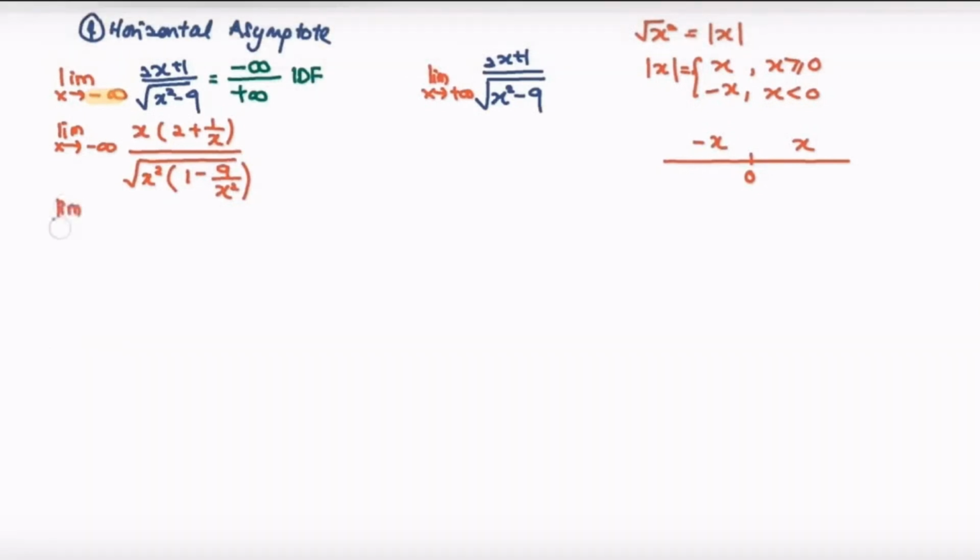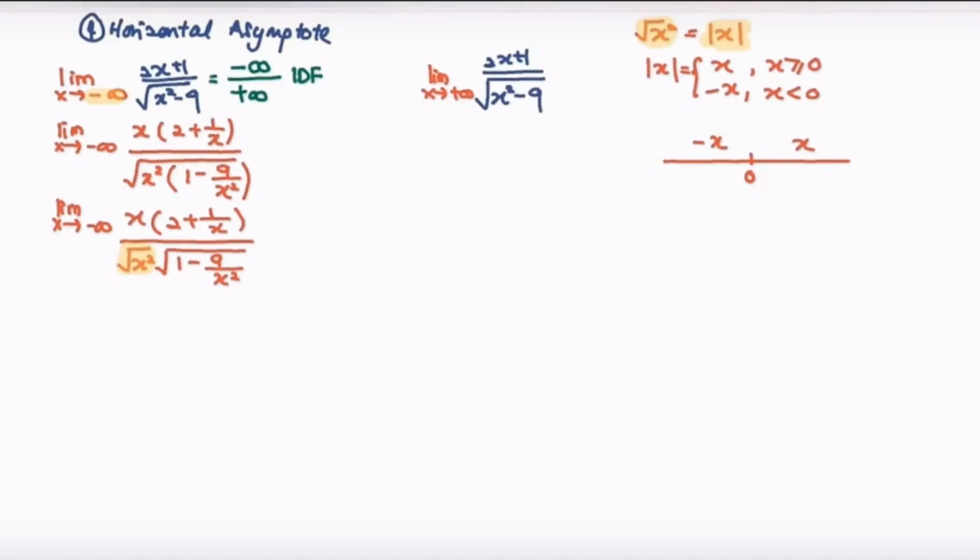Limit when x approaches negative infinity, over the square root of x squared times the square root of (1 minus 9 over x squared). So kindly refer to the definition. We have the square root of x squared, which equals the absolute value of x. Based on the definition, we have x and negative x.